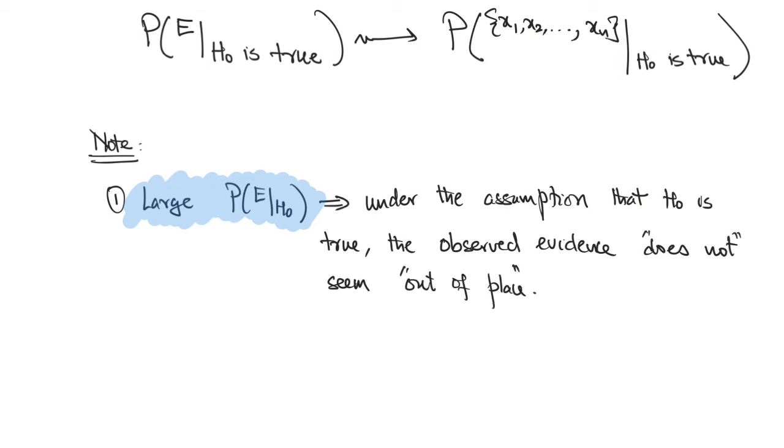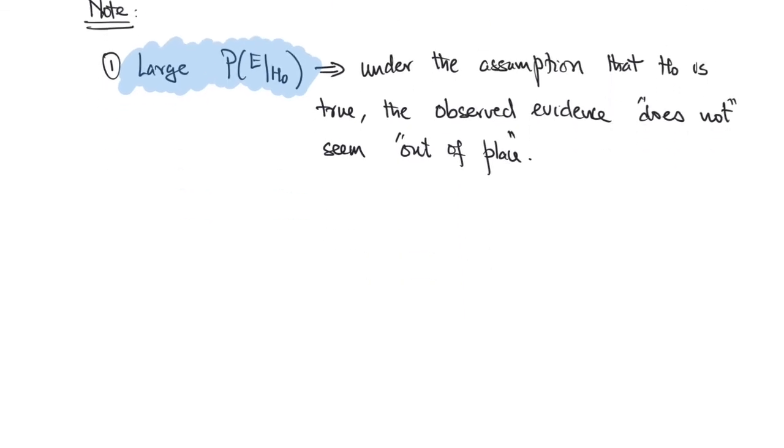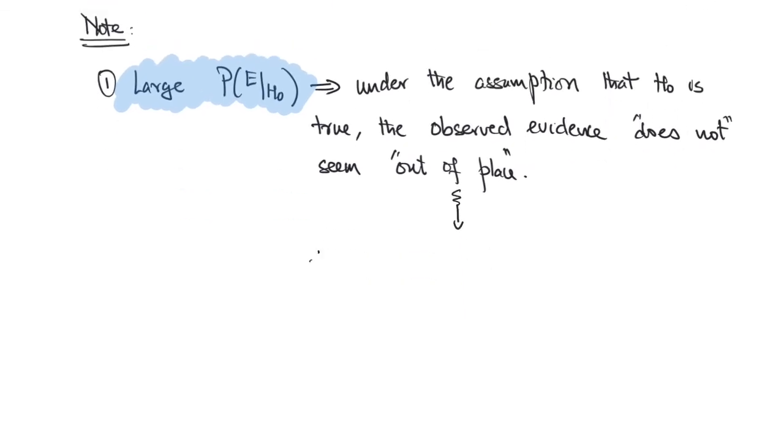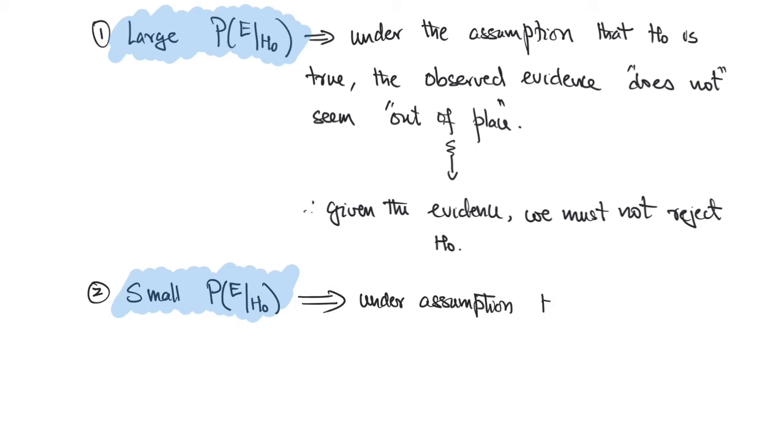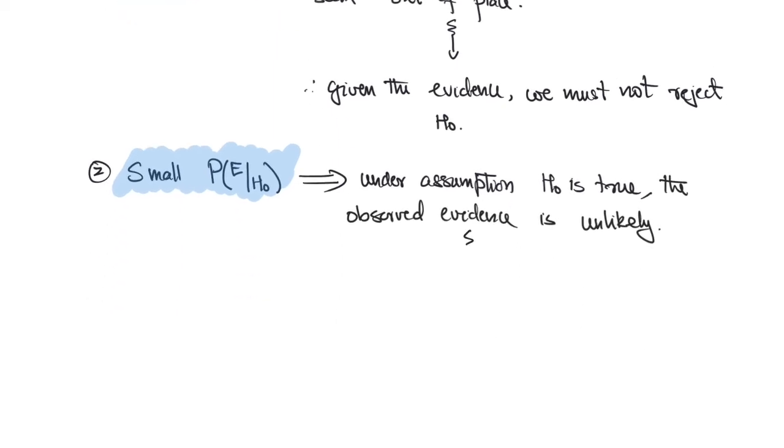This would indicate that given the evidence, we must not reject the null hypothesis, which means probably John is truly innocent. On the other hand, if the probability of the evidence given the null hypothesis is small, then under the assumption of the null hypothesis being true, the observed evidence is unlikely.